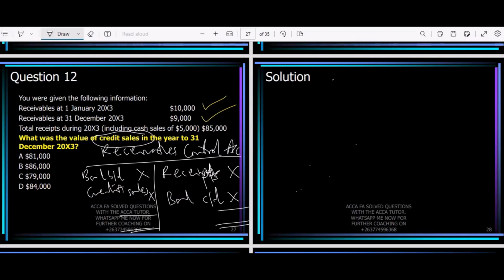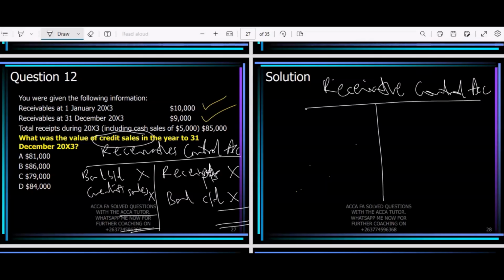Now, for this question, we can safely draw up our T account, the receivables control account. As usual, the opening balance, balance BD, in this case, is $10,000.